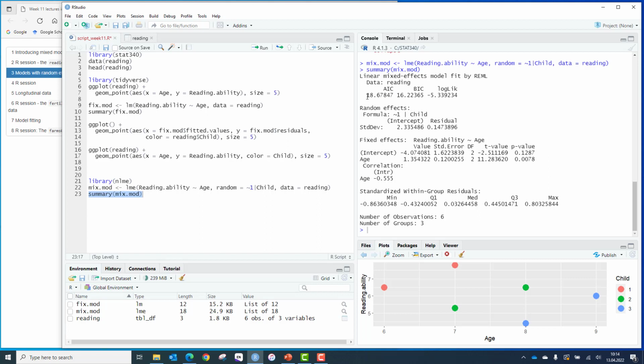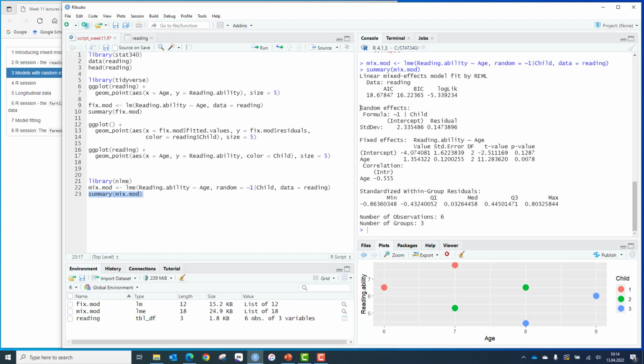So there's a value here, but this is for comparing against other models. So the value in itself carries no information. Is 18.6 a small or big value? Impossible to say, because this one grows with the number of data and the type of model. So it's only for comparing against some alternative model. We will come back to that.